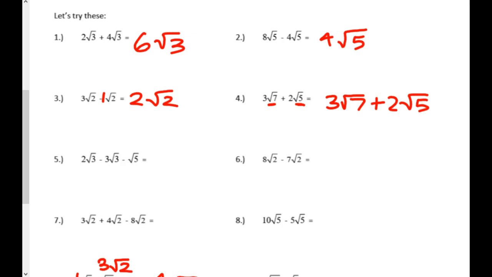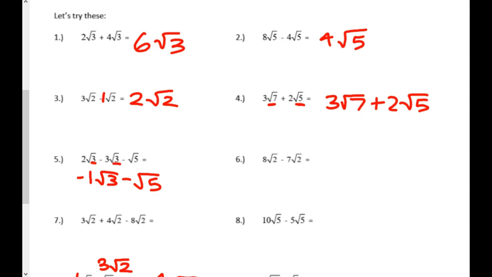Number 5, it's kind of similar, kind of different. I have 2 of the same square roots, so I can combine those. So this is going to be 2 minus 3, which is negative 1, square root of 3. And I'm going to bring down that minus square root of 5 that I cannot combine. And that's it. Only combine what you can.